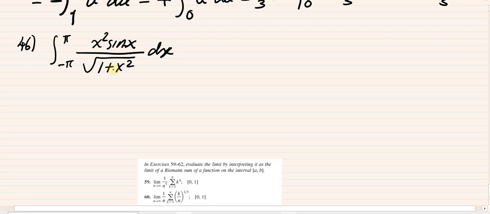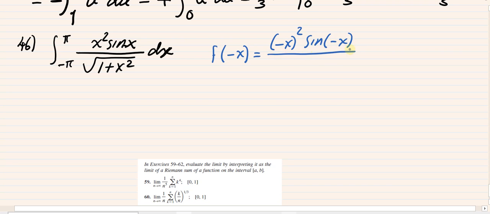Okay, at this point, we can note that this integrand, the function that's inside the integral, let's see if it's an odd or even function. So what I want to do is f at negative x. That's going to be negative x squared sine of negative x divided by square root of 1 plus negative x squared.